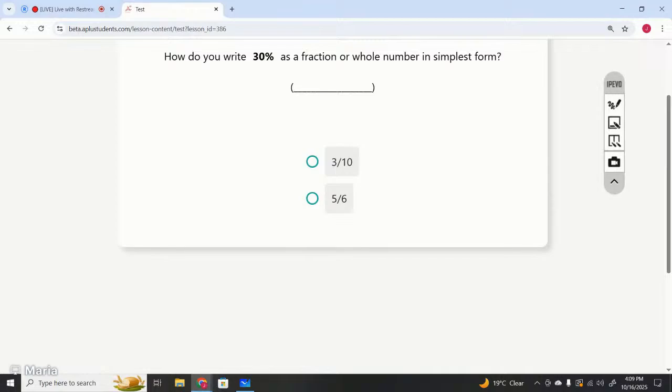How do you write 30% as a fraction or whole number in simplest form?